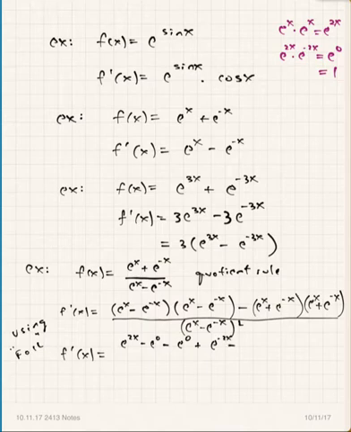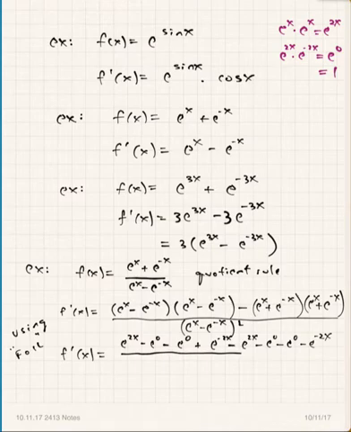And then on the second multiplication, since it's subtraction, every term is going to be negative. So you have minus e to the 2x, minus e to the 0, minus e to the 0, minus e to the negative 2x. Yuck. And that'll all be over e to the x minus e to the negative x, quantity squared.